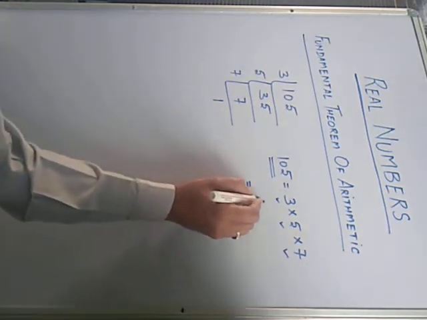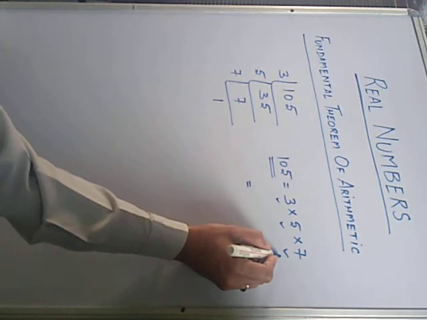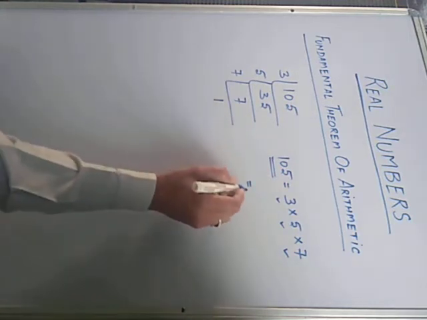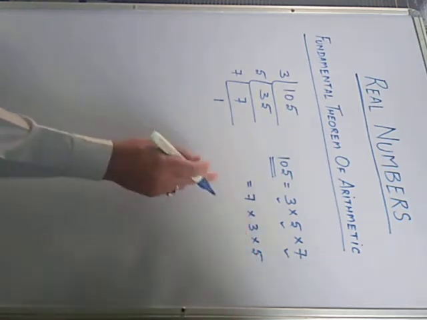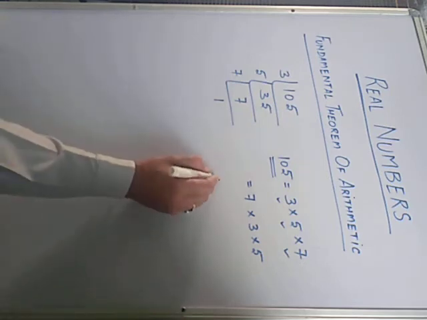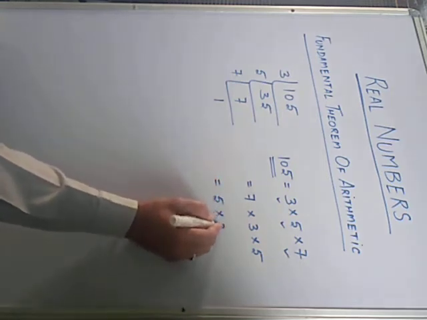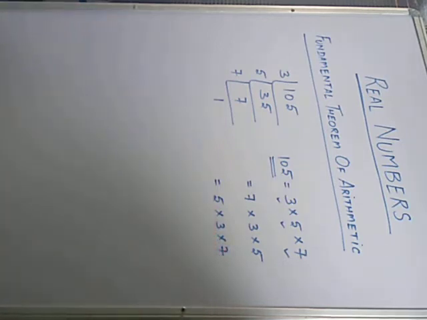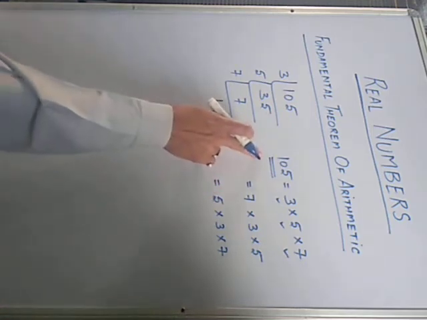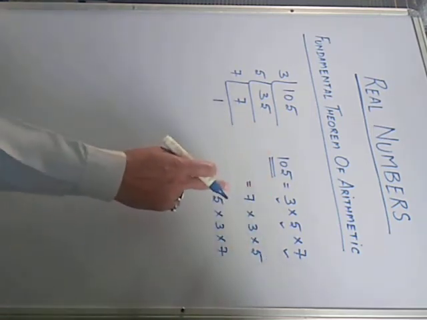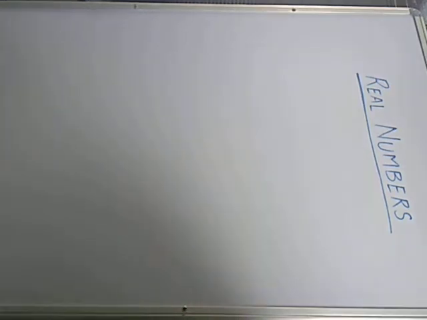It means we can write 3 into 5 into 7, the product is 105, or we can write 7 into 3 into 5, the product will remain the same, 105, or we can write 5 into 3 into 7, whatever the order may be. The last line states apart from the order in which the prime factors occur. So order doesn't matter, the product will be the same. So every composite number can be expressed as a product of its primes.